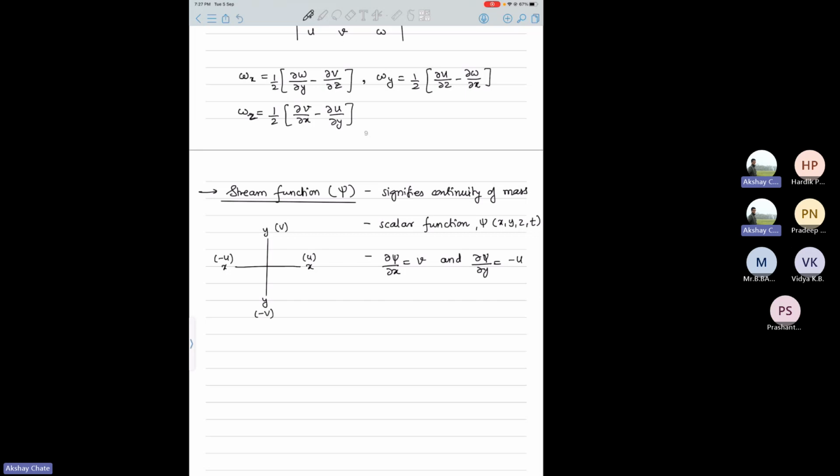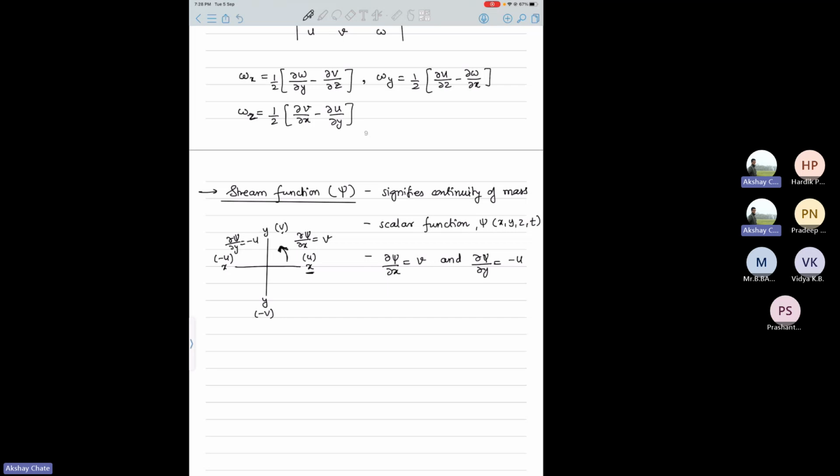You take the 90-degree clockwise direction. With respect to x, you go 90 degrees and you get v, and from y you go 90 degrees and you get minus u. This is just a trick, maybe you can find some better one.